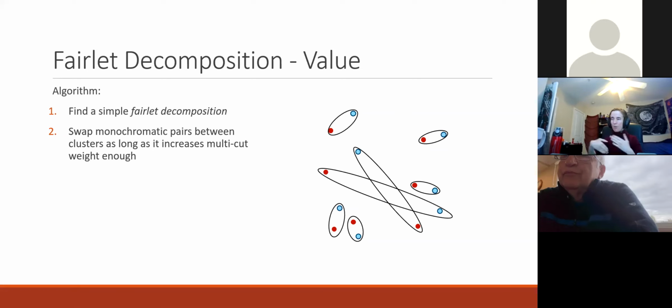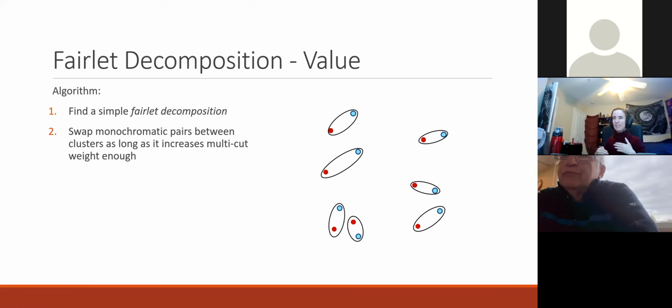Now, when we look at swapping these 2 points, we will only swap them if it increases the multi-cut weight enough. In some sense, the value of this clustering is represented by the value of the cuts that partition the clusters between each other. You don't have to think about that too hard. Just think about the weight of the edges between these 2 clusters, and we're going to compare that with the weights of the edges between these 2 new clusters.